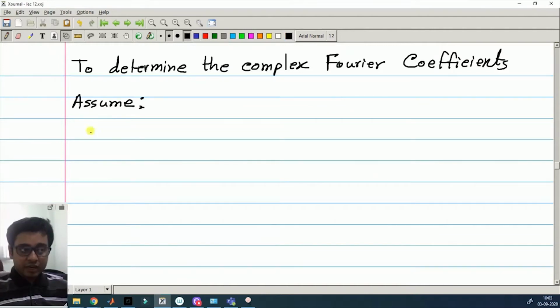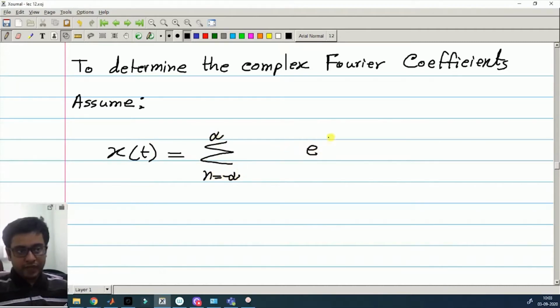We shall start with the assumption that the signal x(t) can be written as an infinite sum of complex exponentials e to the power j omega nt with coefficient Cn, and then we shall multiply both sides with e to the power, say, minus j omega kt.